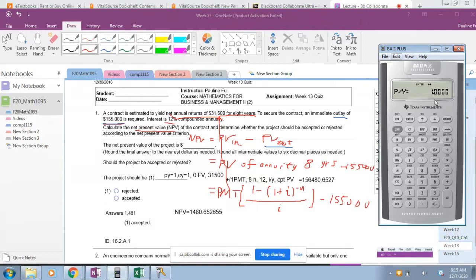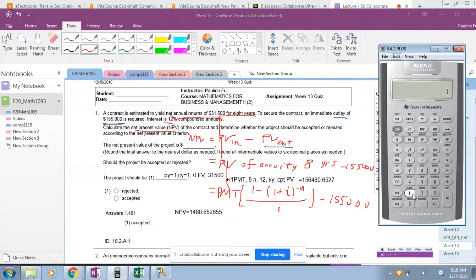P/Y is 1, enter. Down arrow key, C/Y is 1 because interest is compounded annually. So second quit. After that, you enter PMT, 31,500. This is a negative number. So this is the PMT.